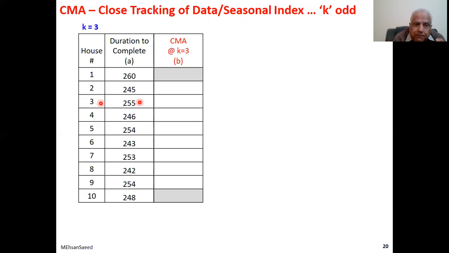But instead of considering this to be the forecast for the next event, which is 4, this mean value is placed at the statistical middle of the data set. The statistical middle of this data set is house number 2. So the mean of this will not be placed here, but placed against number 2.